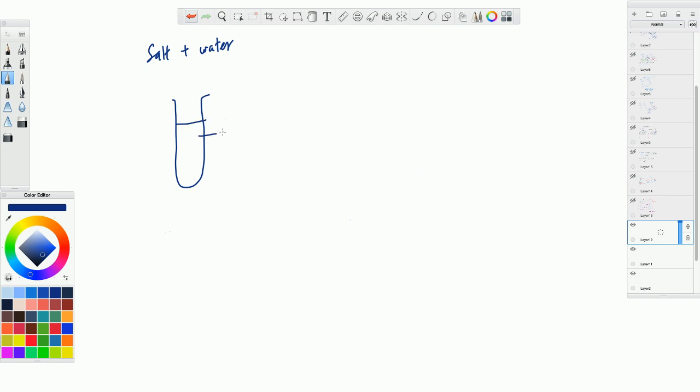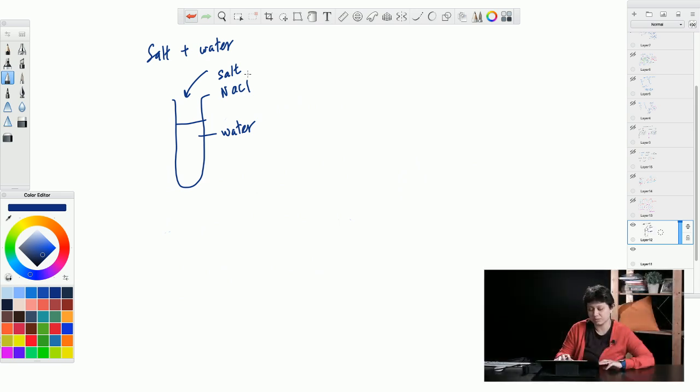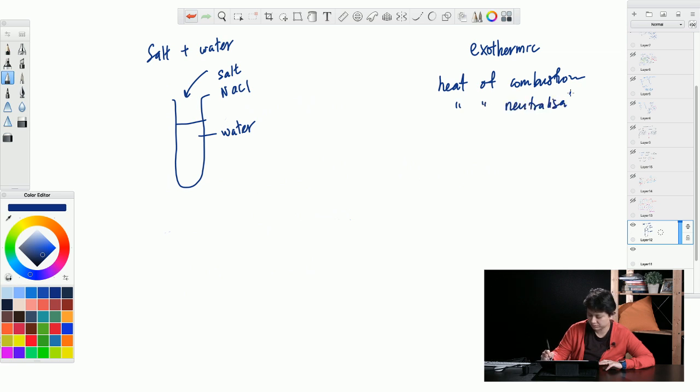Okay, so this is water. You dissolve the salt. Okay, there are not many endothermic reactions. Okay, mostly everything we learn is exothermic. Okay, haba pembakaran, heat of combustion, heat of neutralization, heat of displacement, penyesaran, okay, and heat of precipitation.